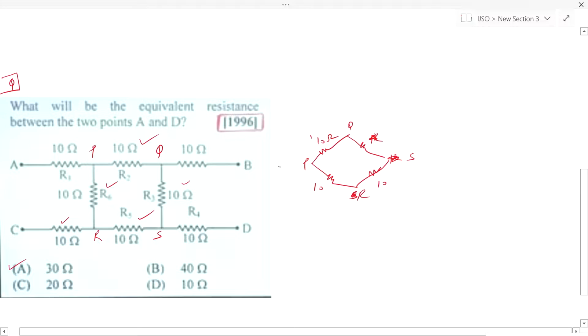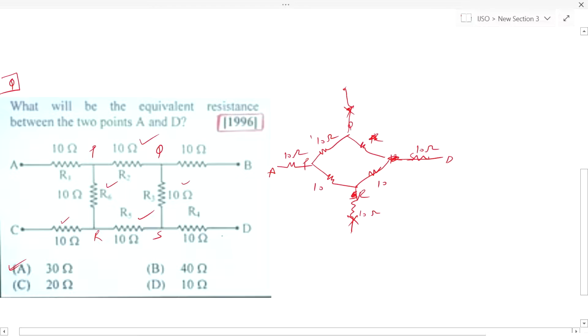And there will be one more resistance which is 10 ohms over here, and S also there will be 10 ohms. So A and D, this is A, this is D. After Q there is 10 ohms, but they are not asking over here, and even over here there will be 10 ohms, but both can be eliminated. So solving that will get the answer as 30.